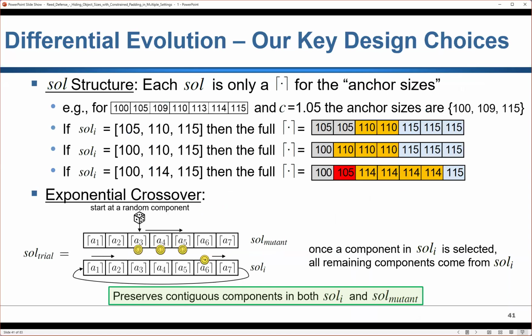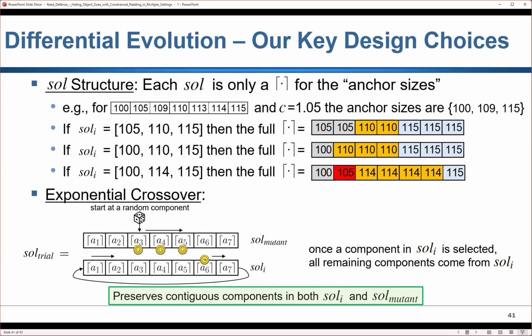So then, what design decisions did we make that allowed differential evolution to work so well for this setting? First of all, differential evolution, like many optimization schemes, suffers from what's known as the curse of dimensionality, where as you increase the number of components in your solutions, the search space becomes so large that it becomes hard for the algorithm to find an optimal solution.